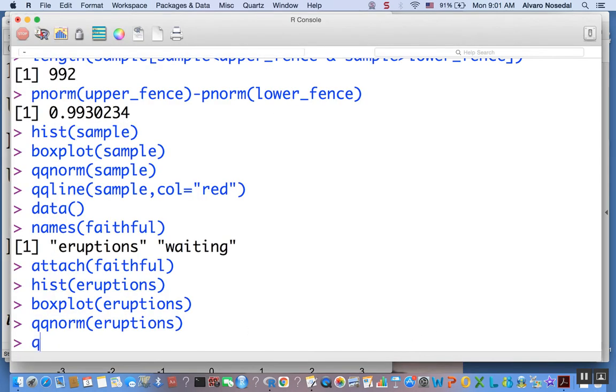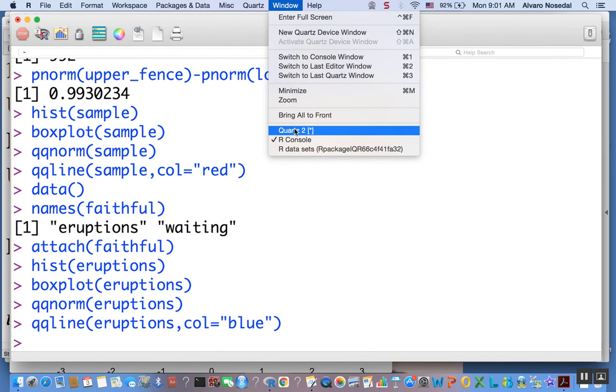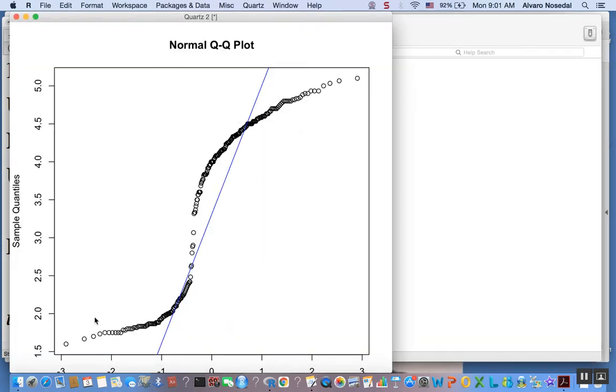Okay, so we could add that line. Yeah, so it's really far, right?